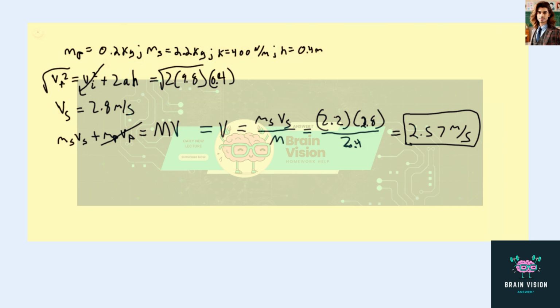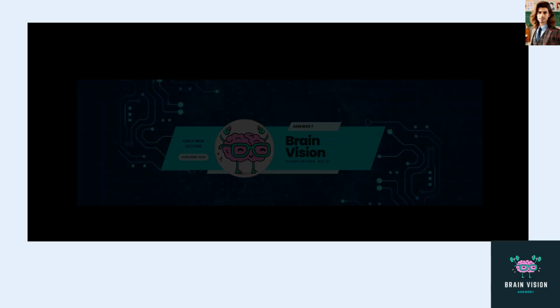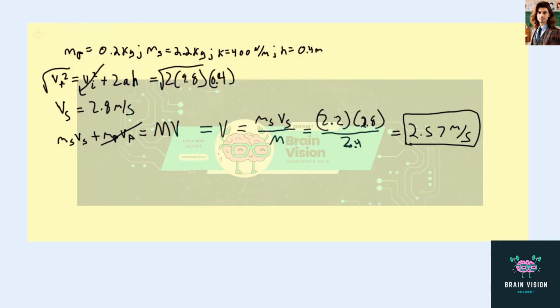So if we write out the energy before and the energy after, we initially start out with kinetic energy, so that's 1/2 mv squared, and spring potential because the spring is extended.